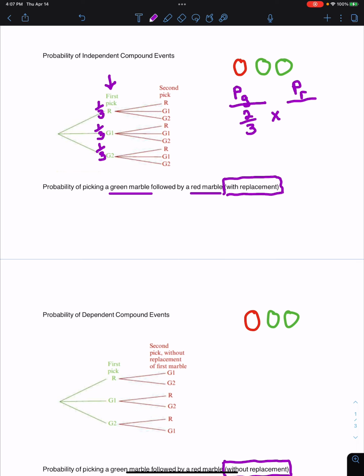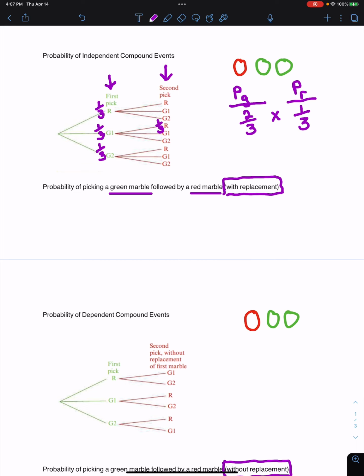Next, we need to look at picking a red marble for our second pick. And so for our second pick, we have a probability of 1/3 for picking a red marble. So 1/3, 1 chance out of 3 for picking a red marble.